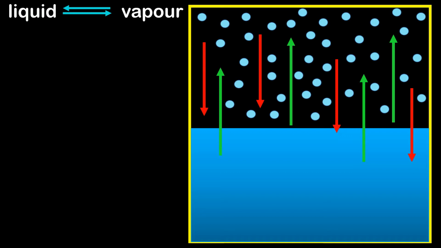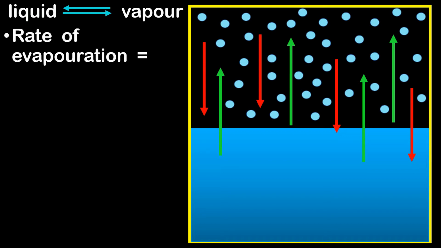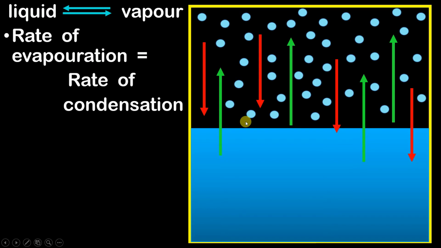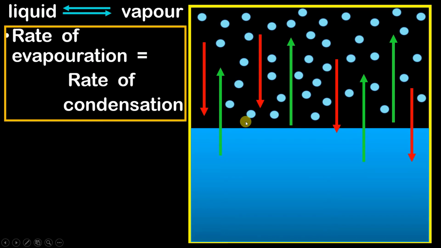So can I say at dynamic equilibrium, the rate of evaporation will be equal to the rate of condensation? Why? Because the amount of liquid that is getting evaporated is equal to the amount of vapor that is getting condensed back into liquid. Now we have achieved a dynamic equilibrium. At this dynamic equilibrium, can you see some vapors that are present?